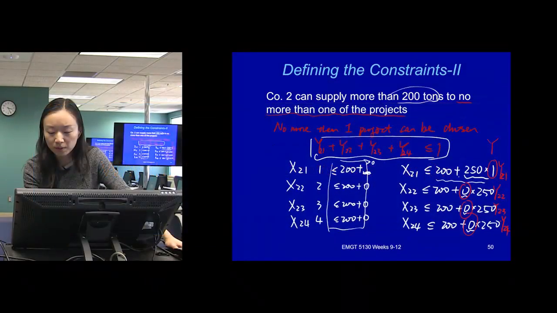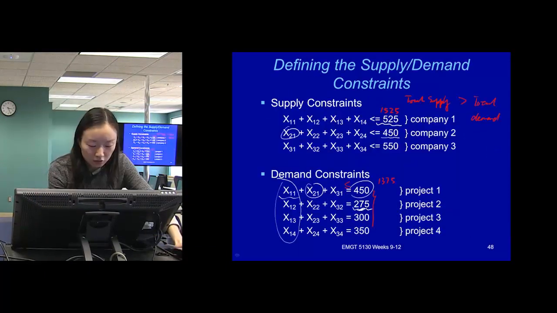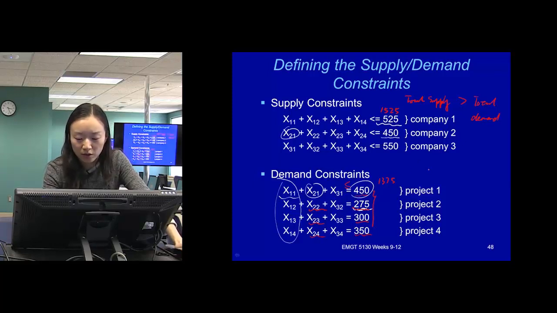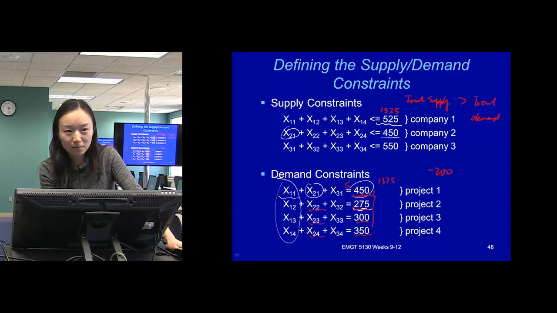We use 200 plus 250 because this is a larger value. So the maximum x21 can go is 450, x22 is 275, x23 is 300, and this is 350. The question is which value do we use to subtract that 200, right? And we choose this 450 because that's the maximum, right?